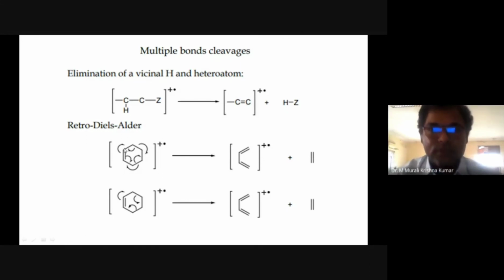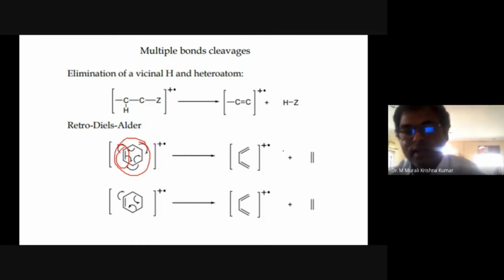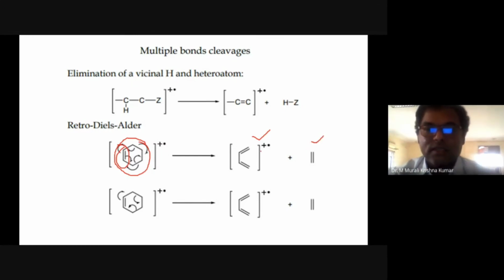So in mass spectrometry, whenever we have a cyclic compound with 6 carbons and 1 double bond, there is always a possibility that it undergoes a retro-Diels-Alder reaction, so that the corresponding diene and dienophile are generated. In all the cases, the diene will bear the positive charge.